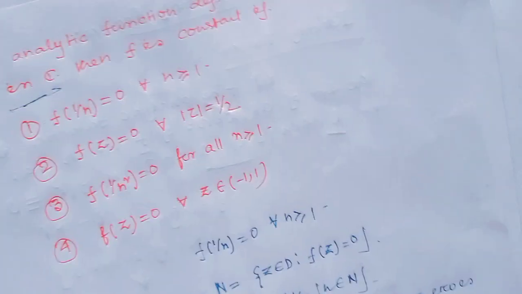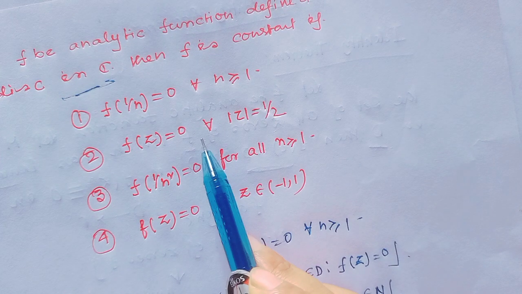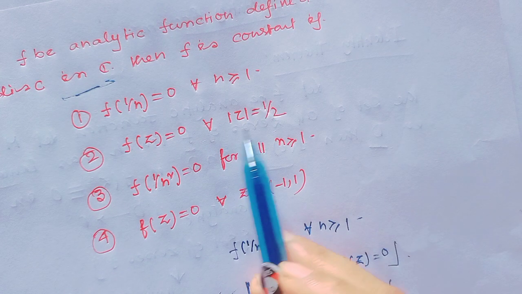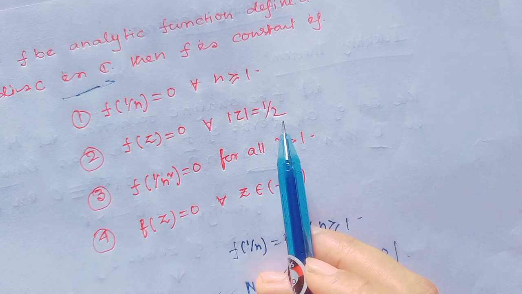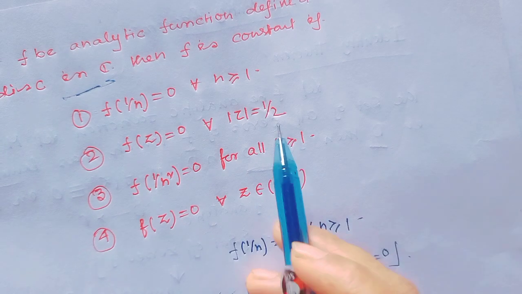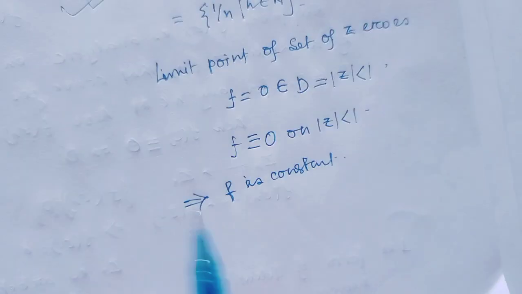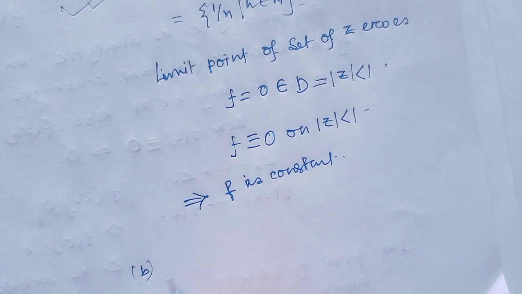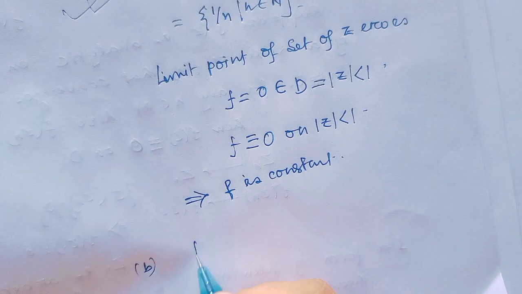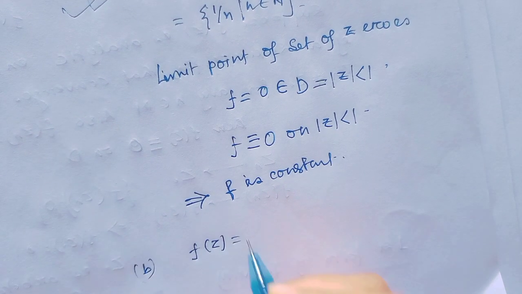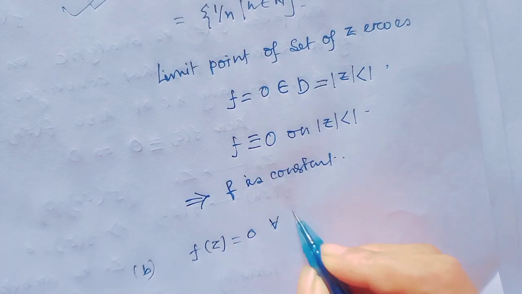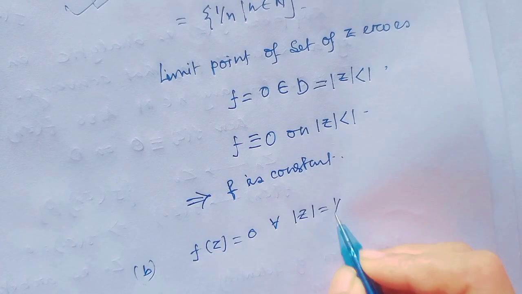Next, option B: f(z) equals 0 for all z with modulus of z equal to half.